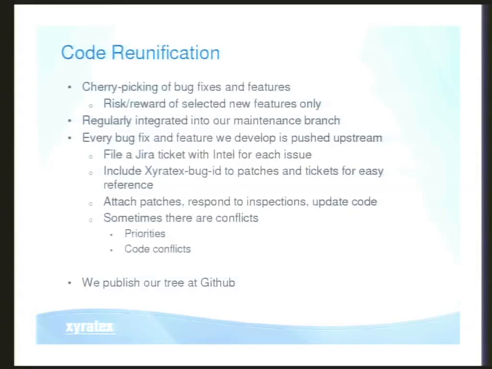Sometimes there are conflicts between what the canonical code tree has and what we have, and the conflicts may come from priorities of what they want to land versus what we want to have landed. Sometimes there's actual code conflicts. That's just part of doing business. That doesn't bother me at all. There will be conflicts.